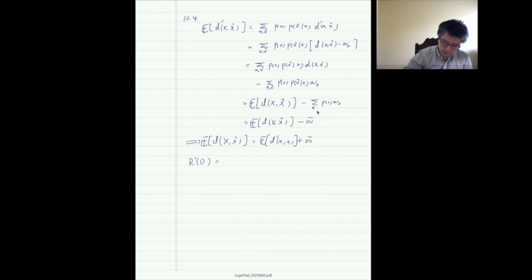From this relation we can derive the relationship between R prime(D) and R(D). By definition, R prime(D) is the minimum, or infimum, of the mutual information subject to the expectation of d prime(x, x hat).